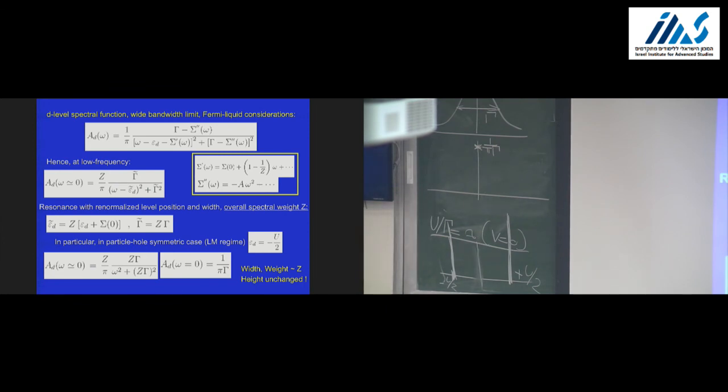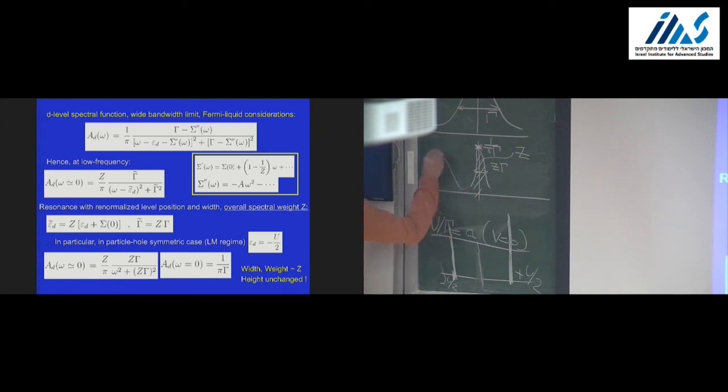completely independently of interaction, which has a width which is z gamma, which has a total spectral weight which is z. And of course, these guys also exist because they should exist. This is high energy stuff, removing and adding an electron.